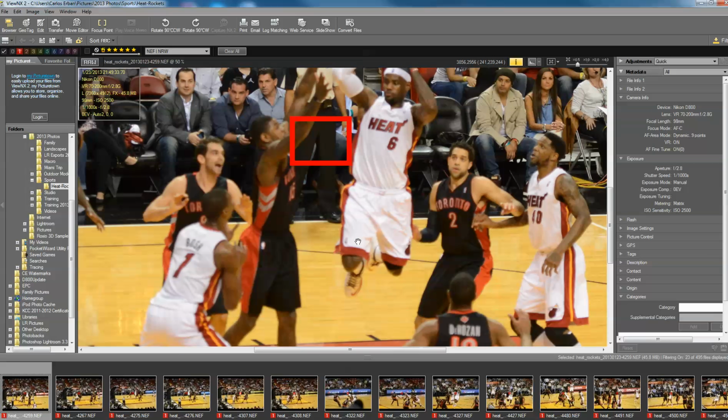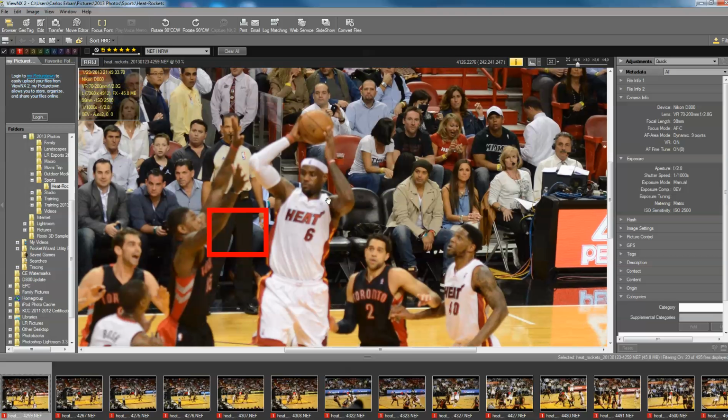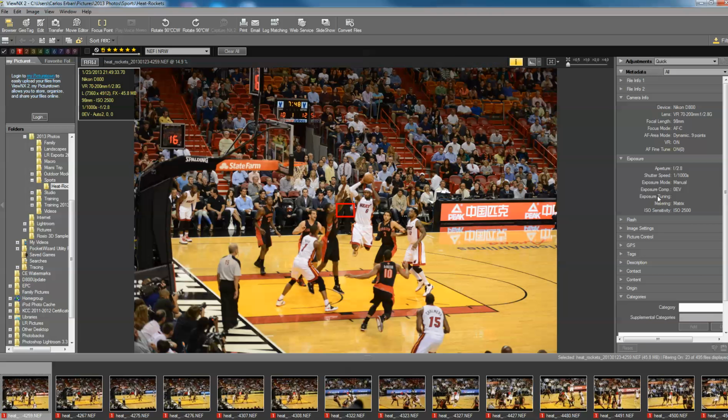As a matter of fact, in this one, to be honest, there is a little bit of motion blur too. I noticed that even at 1/1000 of a second, especially when you're panning, it may be out of focus. But anyway, the reason I was showing you this example is that if you have it in 9 points and you point to the wrong player, then even with 9 points, it doesn't know. It thinks that I'm shooting this player, not LeBron.